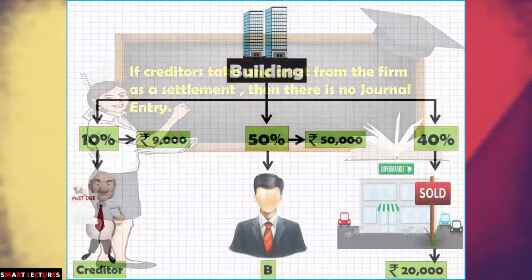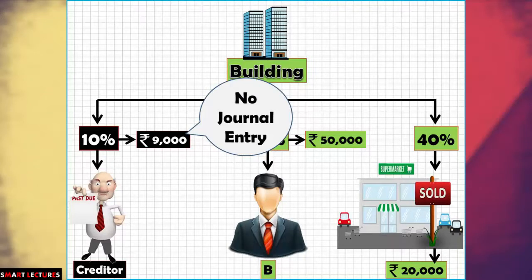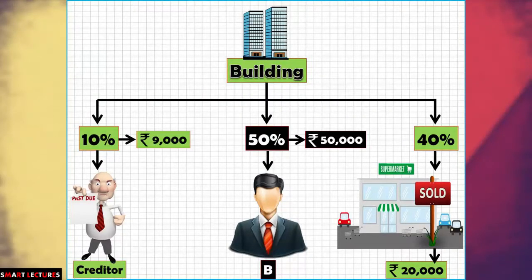Now come to the building. First part of 10% was taken by creditors for 9,000. If any part of asset or full asset is given to the creditor for the settlement, there is no journal entry for that.